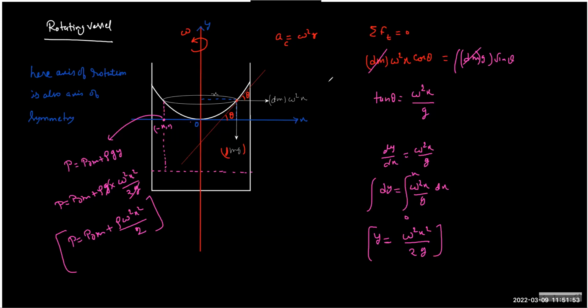So this is the rule, and the increase or decrease will be equal to rho omega square x square by 2. That is the meaning of that. If you travel x away from the axis, the pressure will increase by rho omega square x square by 2, and vice versa. Is this clear?